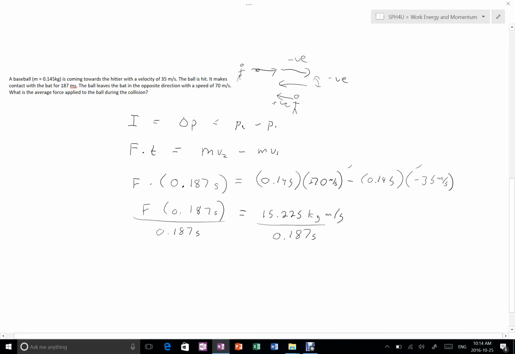And I get a force of 81.4 newtons, and as you might imagine, it's in my positive direction, as it's what's caused the ball to go in that positive direction. Could have done this exact same problem by calculating the acceleration, dividing by time, right? Velocity 2 minus velocity 1 divided by time, and then using F equals ma, but this is just another way of doing it.